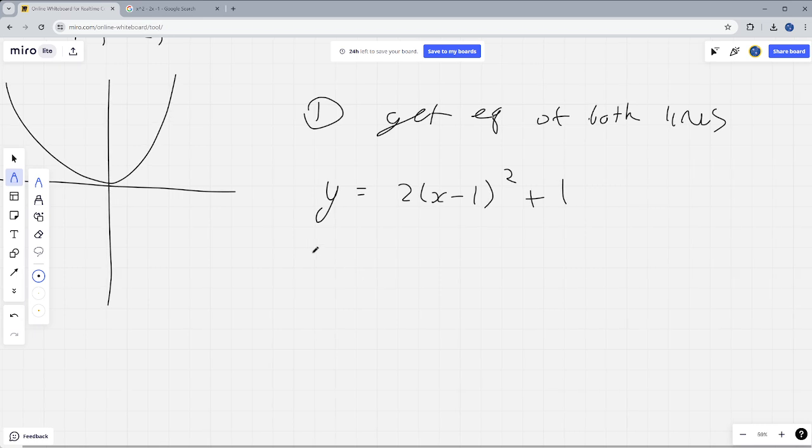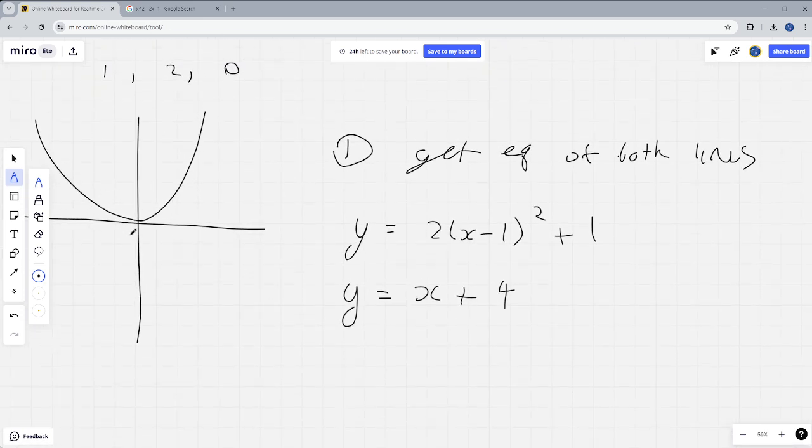And then for the line going through, maybe we can say y is equal to x plus 4. Right? So we have a stretched up graph that's 1 unit to the right, so somewhere like this. And then we also have a graph that intersects at plus 4 and just has slope regularly. Okay, so we're going to see, do these intersect or do they not?